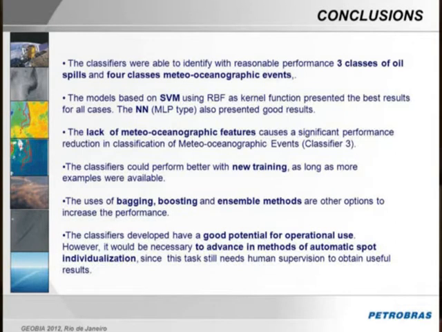The lack of meteo-oceanographic features causes a significant performance reduction in the classification of meteo-oceanographic events, classifier 3. The classifiers could perform better with new training as long as more examples were available. The use of bagging, boosting, and ensemble methods are other options to increase the performance of the classifiers. The classifiers developed have good potential for operational use, for sure, because they have good results.